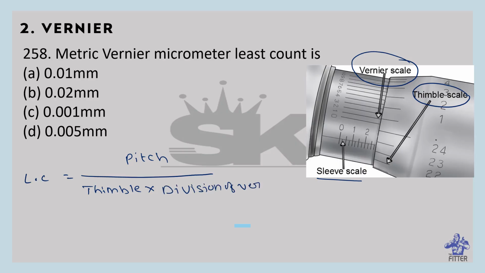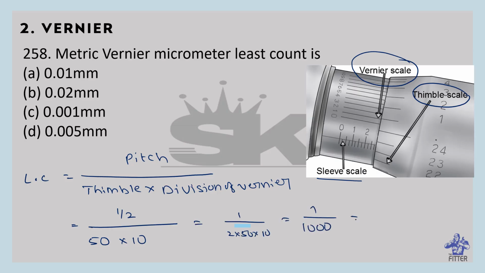So that is equal to pitch is 1 by 2, by thimble is around 50, into 10. So that is equal to 1 by 2 into 50 into 10, so that is 1 by 1000, right? So that is equal to 0.001. So option C. Okay.